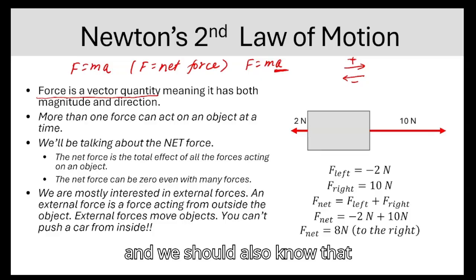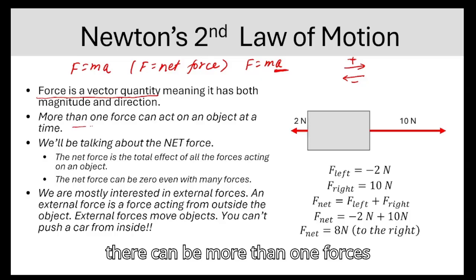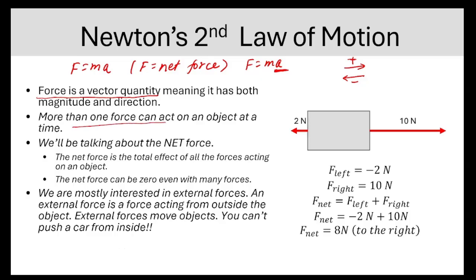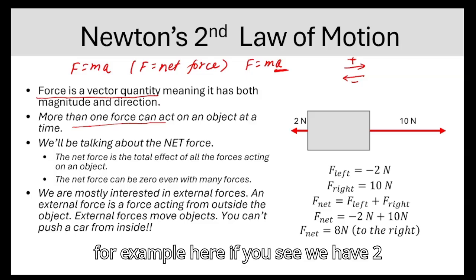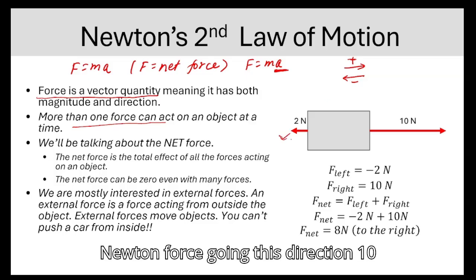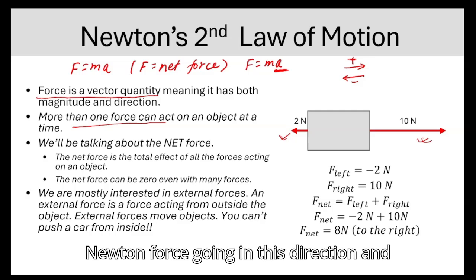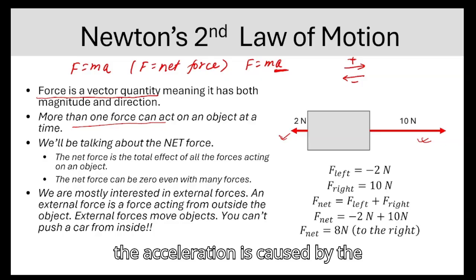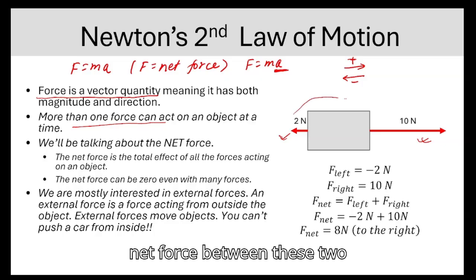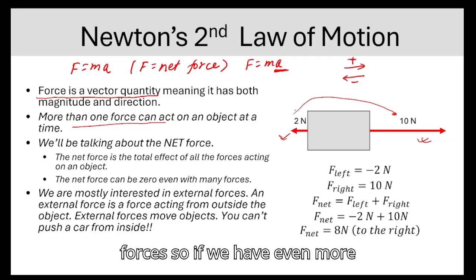We should also know that there can be more than one force acting on an object. For example, here we have a 2 Newton force going in this direction and a 10 Newton force going in this direction, and the acceleration is caused by the net force between these two forces.